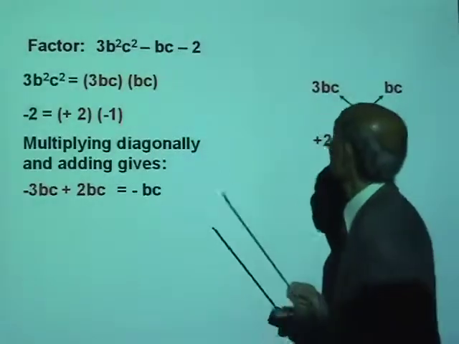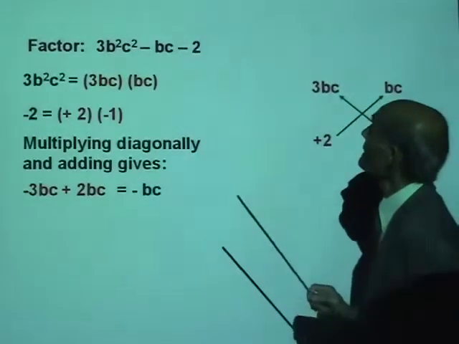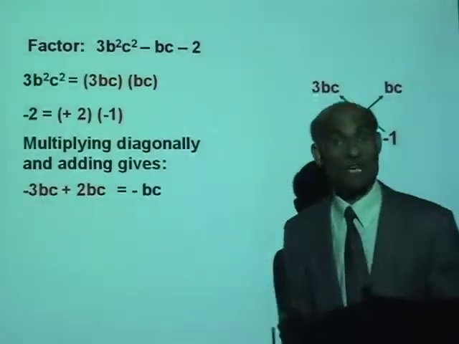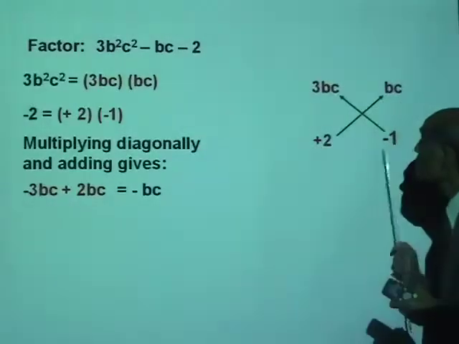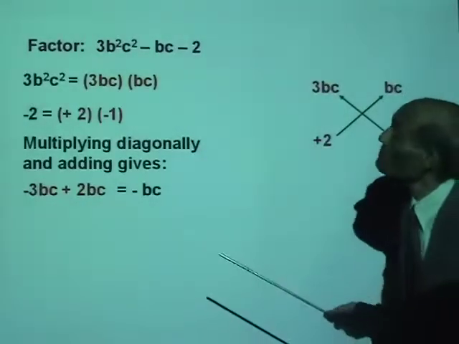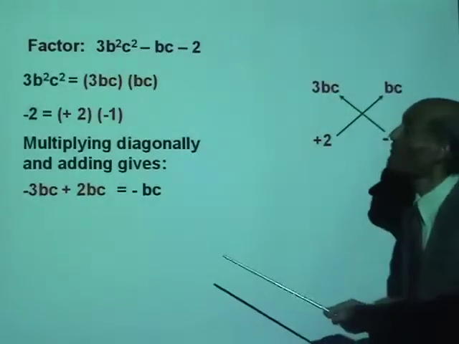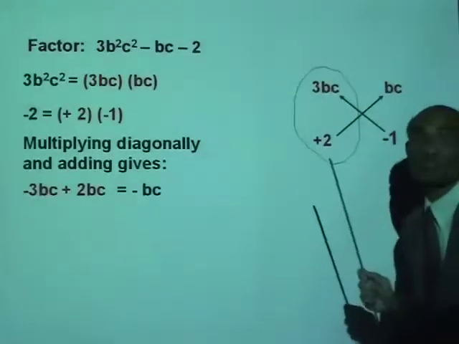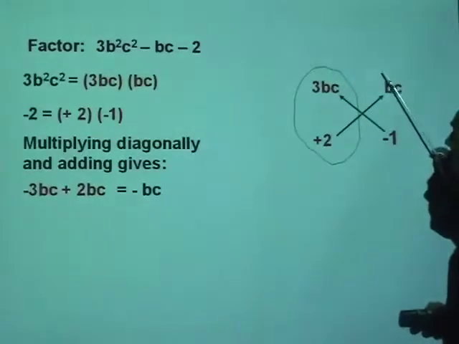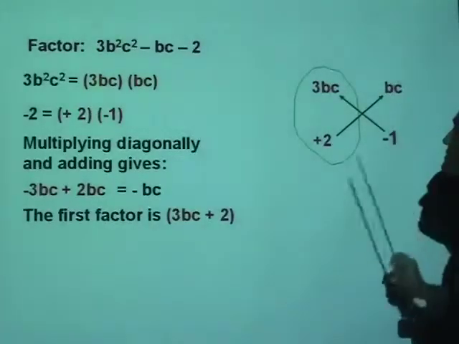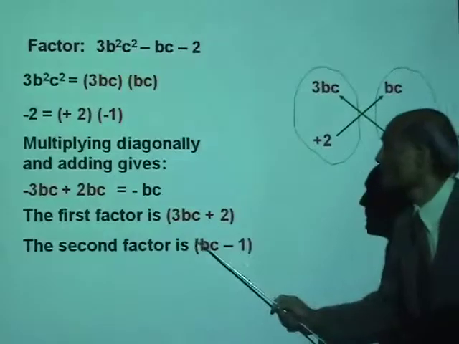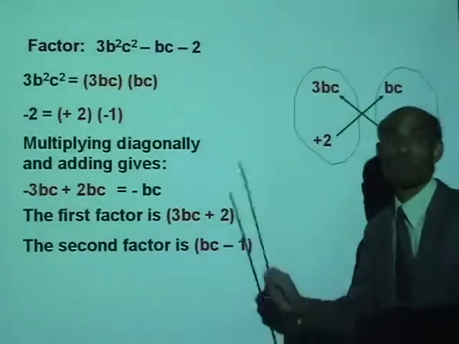We got the middle term. Alright, now the test is done, everything is placed in its proper place. How do we pick the factors? The factors are 3bc plus 2 as the first factor, and bc minus 1 as the second factor.